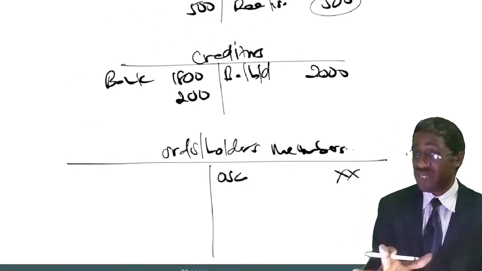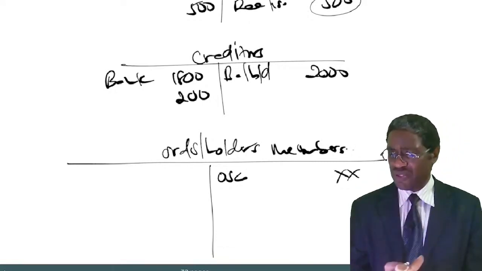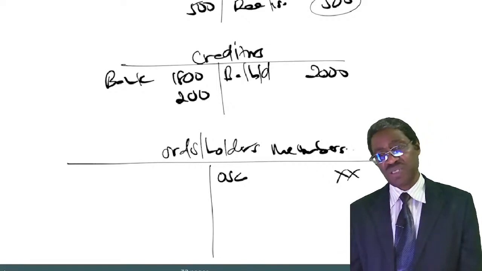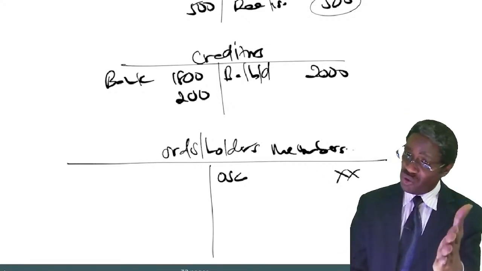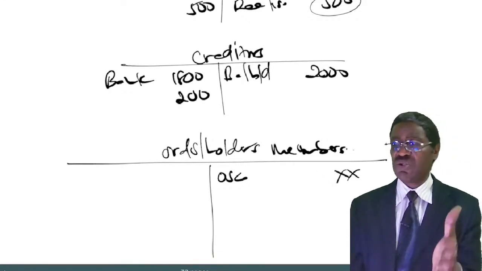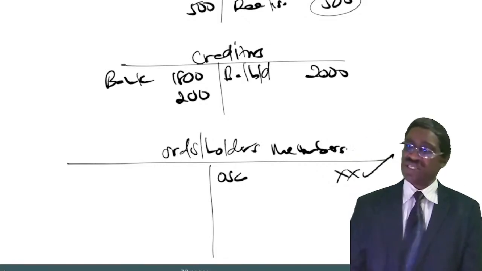Step number 7 says, transfer the balance of the ordinary share capital to the ordinary shareholders members account. I've debited share capital to close it because share capital is always a credit. You debit share capital and you credit members account. That's number 7.